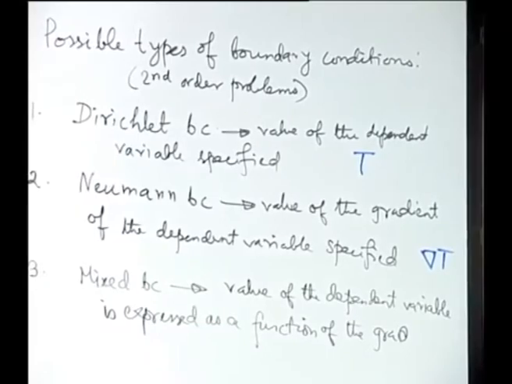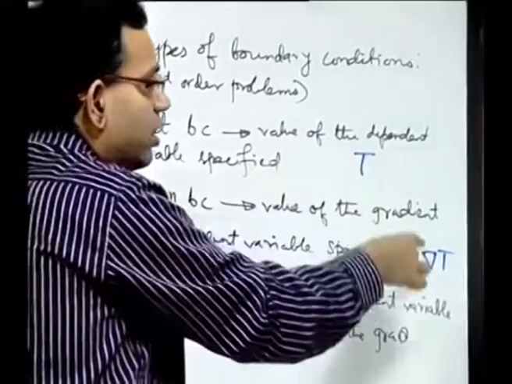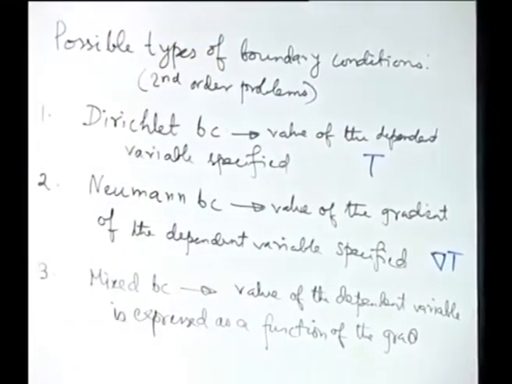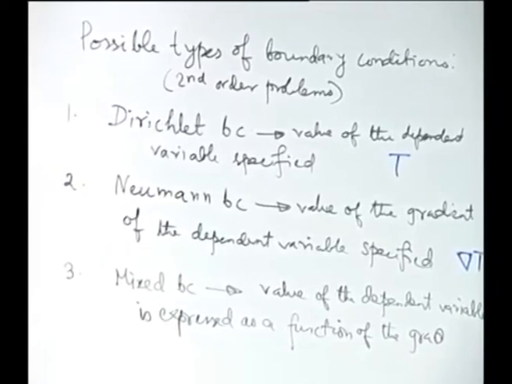So it is mixed because it is neither the value is specified nor the gradient is specified, but one is specified as a function of the other. Classical example is the convective heat transfer boundary condition.